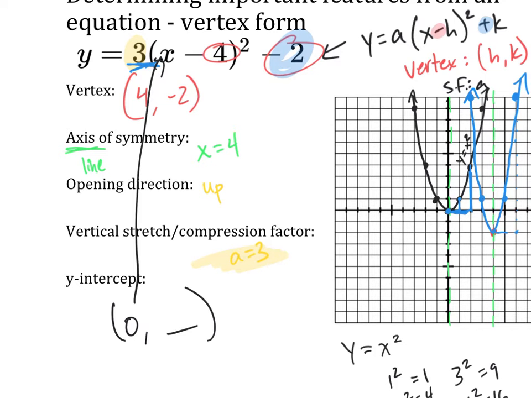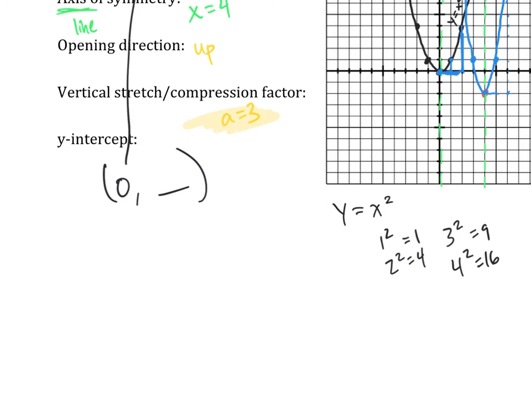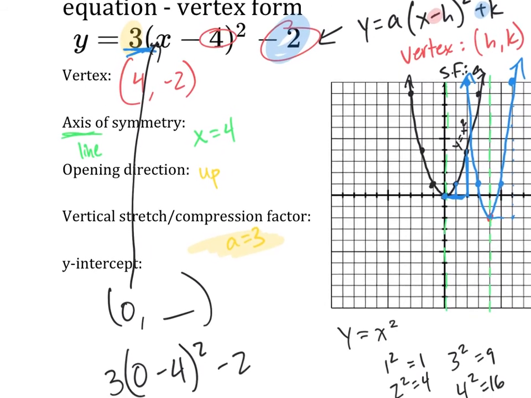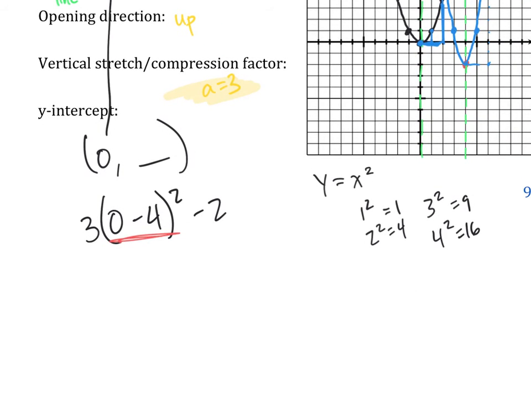I'm going to write this down. So 3 times (0 minus 4) squared minus 2. Okay. 0 minus 4 is negative 4. Negative 4 squared is positive 16. I'm going to cry if you write negative 16.